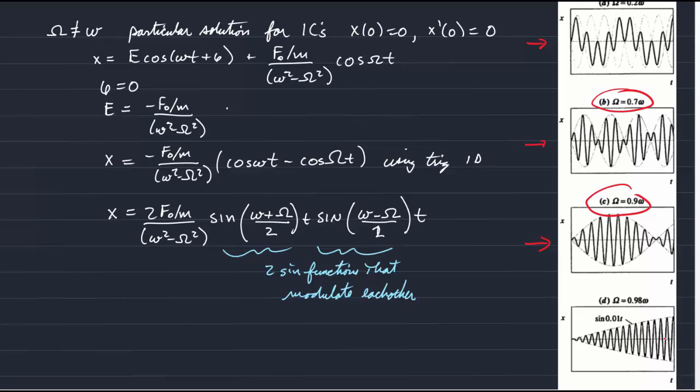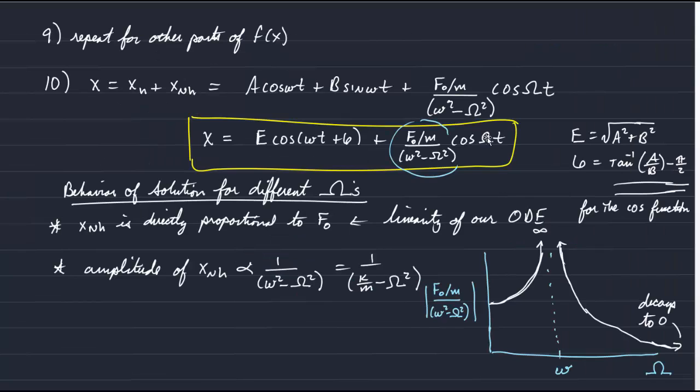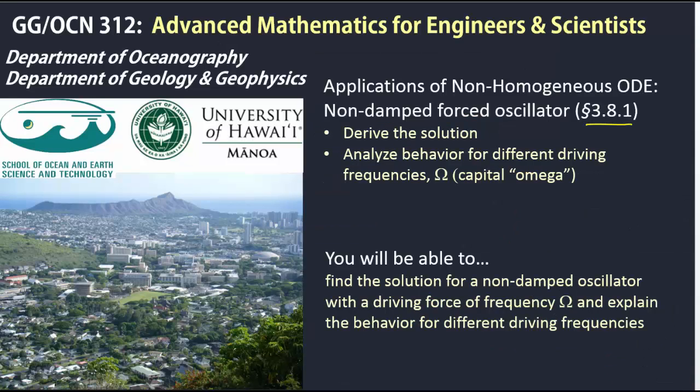So you can see that for this one solution, we get a rich range of behaviors depending on the size of the driving frequency compared to the natural frequency. And so this concludes the discussion of the forced non-damped oscillator.